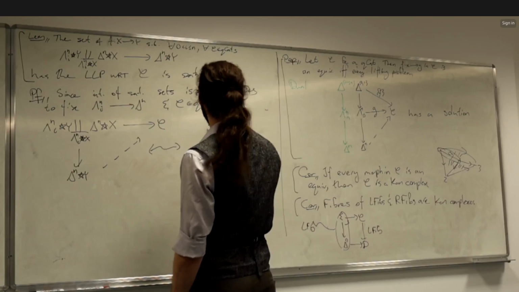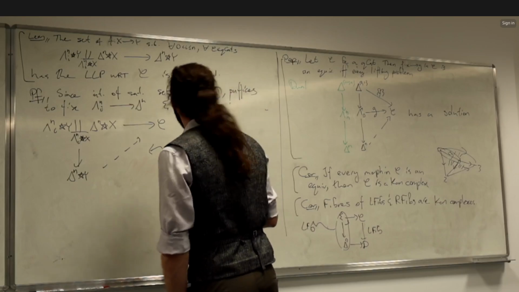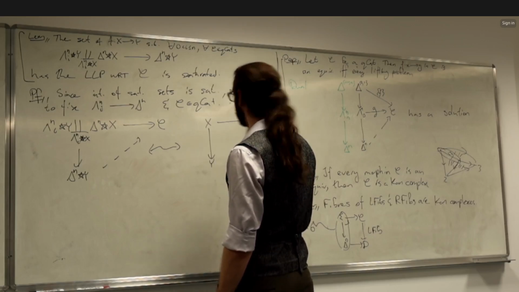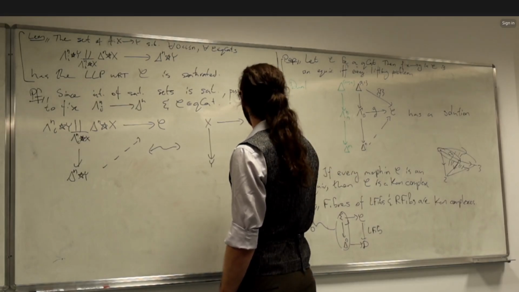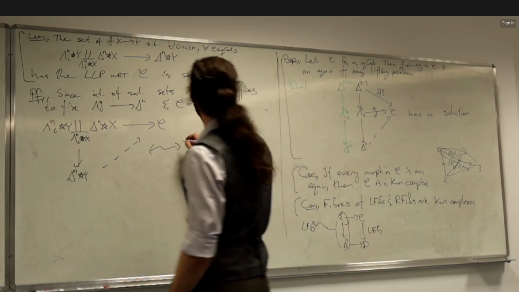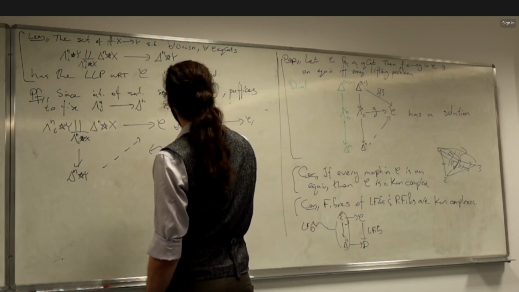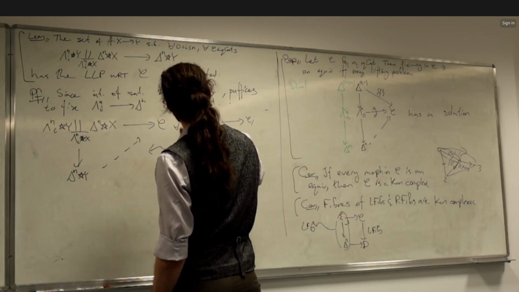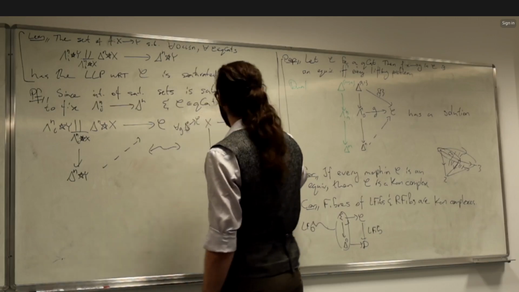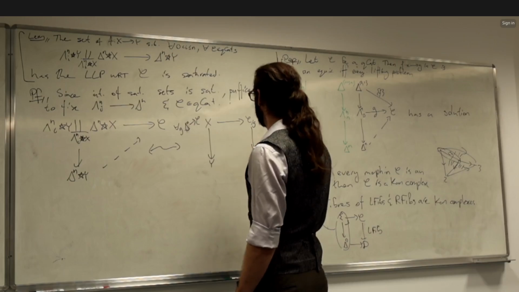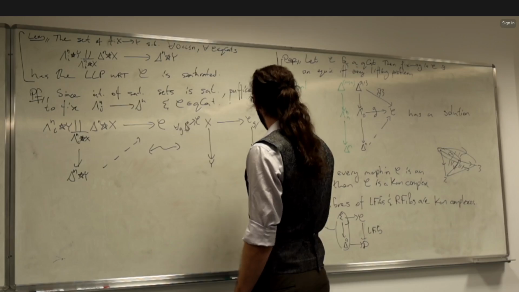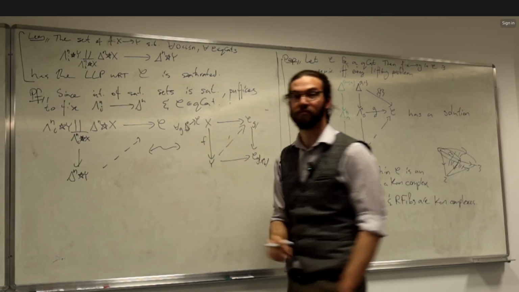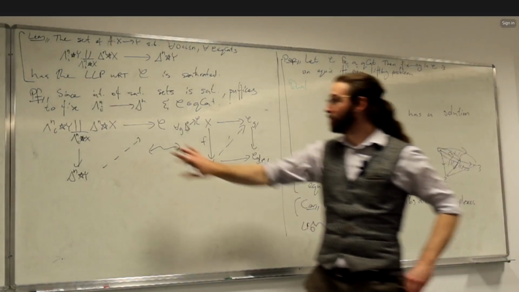So this is equivalent to lifting, for all g from delta n to c, lifting g, c, g restricted to lambda n i over, here's f. So we pass to the adjoint lifting problem.